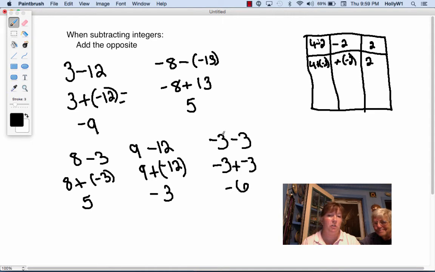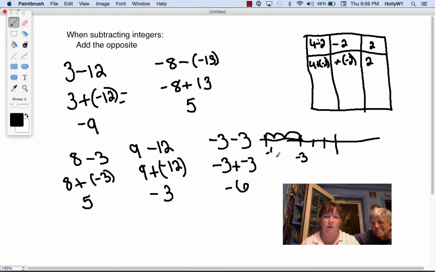The temptation is to look at that really quickly and think that that's 0. But remember, if you were on a number line, at negative 3, and you subtracted 3, you're still going this way on the number line, and you end up at negative 6. So that kind of logic matches what our answer is.